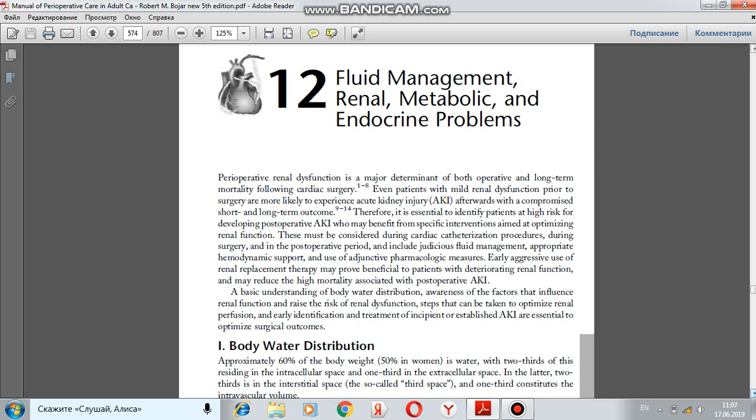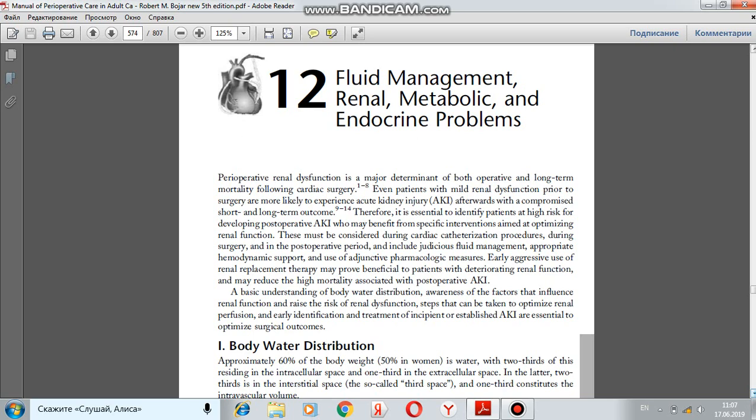Therefore, it is essential to identify patients at high risk for developing postoperative acute kidney injury who may benefit from specific interventions aimed at optimizing renal function. This must be considered during cardiac catheterization procedures, during surgery and in the postoperative period, and include judicious fluid management, appropriate hemodynamic support, and use of adjunctive pharmacologic measures.